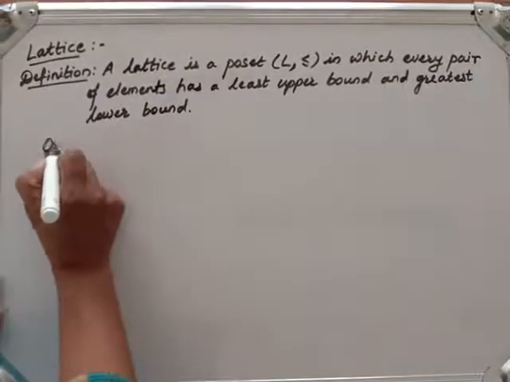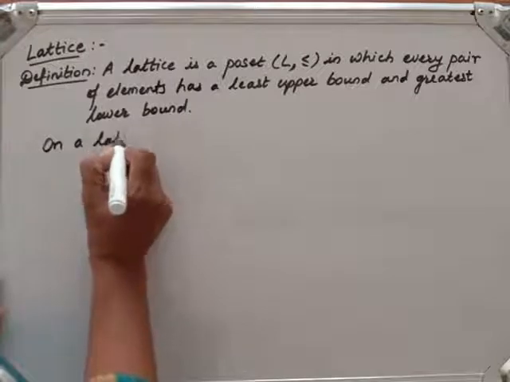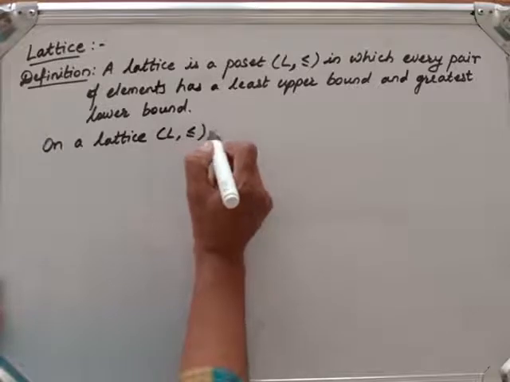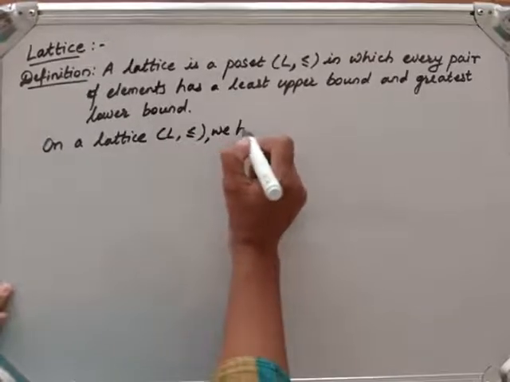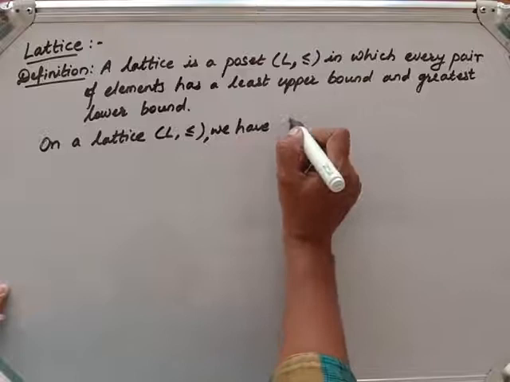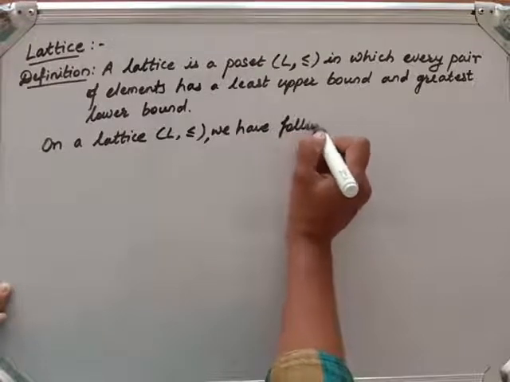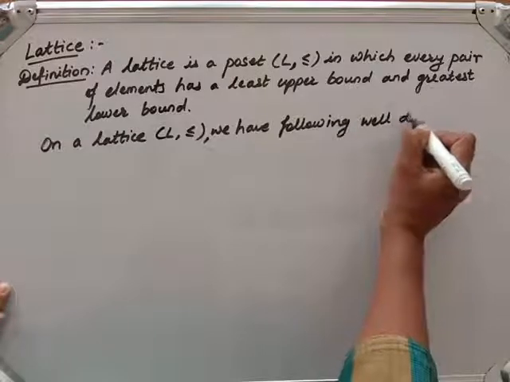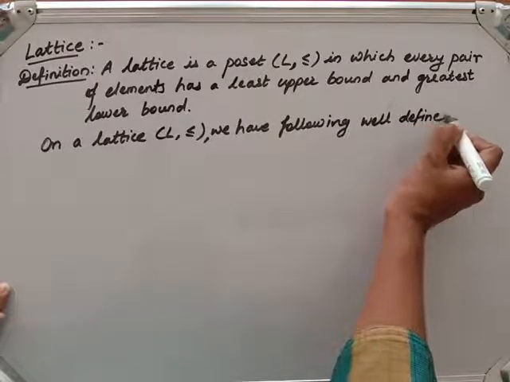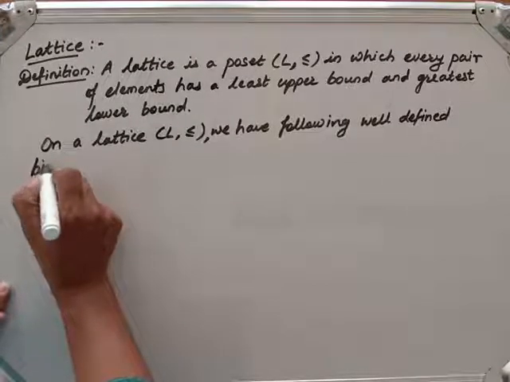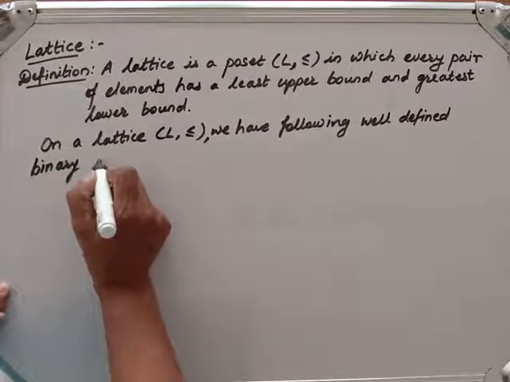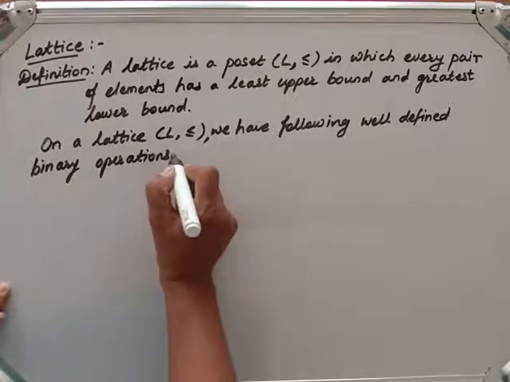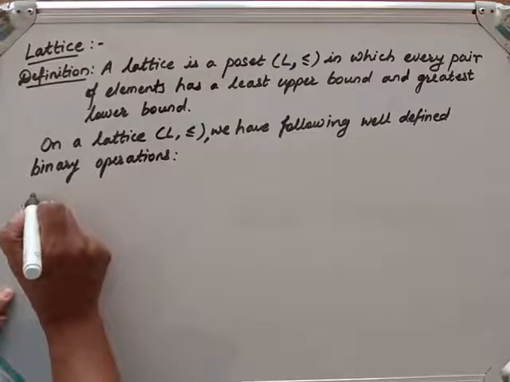So on a lattice L, we have the following well-defined binary operations. On a lattice there are two binary operations. They are join and meet. So let us see what they are.